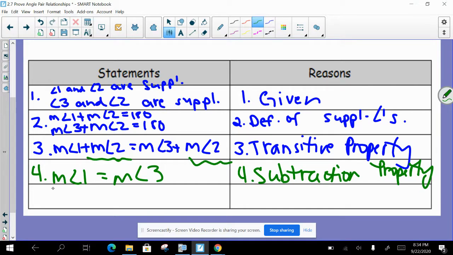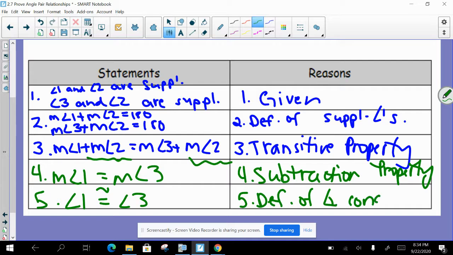And then finally, step 5, angle 1 is congruent to angle 3 because of the definition of angle congruence. And that proves the congruent supplements theorem.